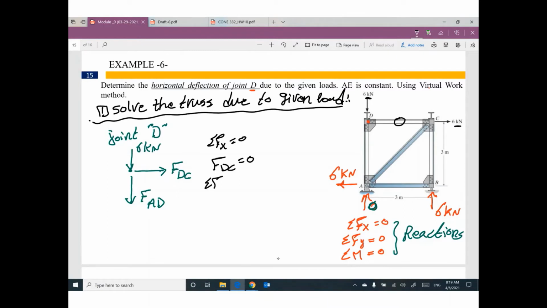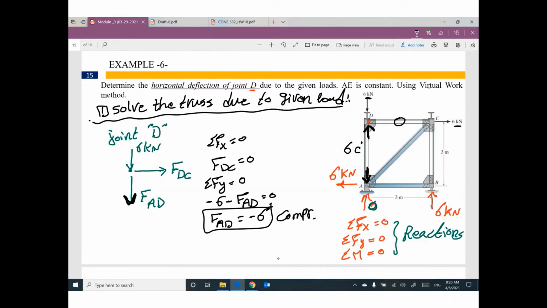If you apply summation Fy equals 0, negative 6 minus FAD equals 0, so FAD will be negative 6. What is the meaning of negative? I assumed the wrong direction. I assumed tension, no, I'm sorry, it's a compression. So FAD will be compression, 6 kilonewton.